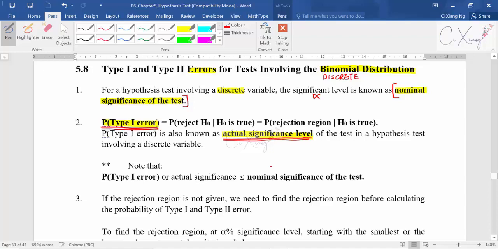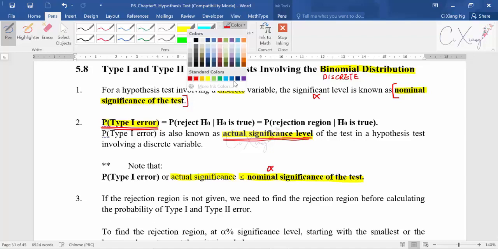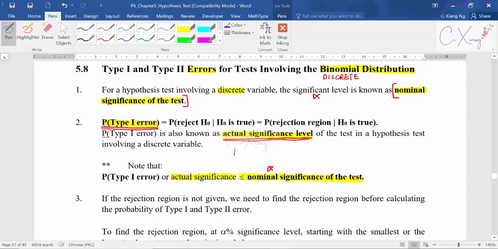Now you need to know that the actual significance level is always smaller or equal to the nominal significance level. Again, the nominal significance level is alpha, and usually the type 1 error that you calculate is smaller or equal to alpha. Maybe some of you will ask, in the previous video in normal distribution, we learned that the probability for type 1 error is equal to alpha.